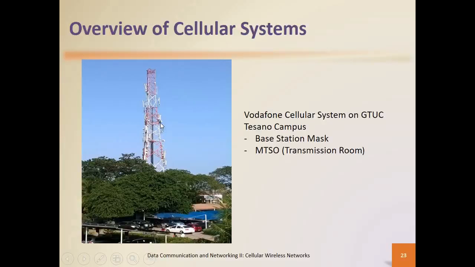What I think I had was the Vodafone cellular system on the GTUC Tesla campus with base station masts. It's a mast, this type over here, and an MTSO switching within a switching room.